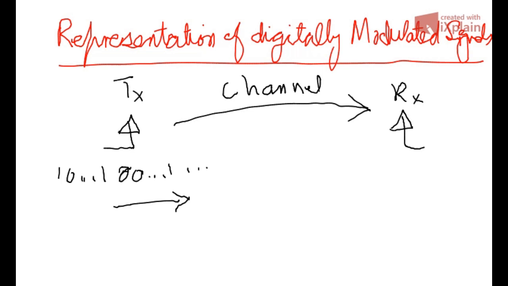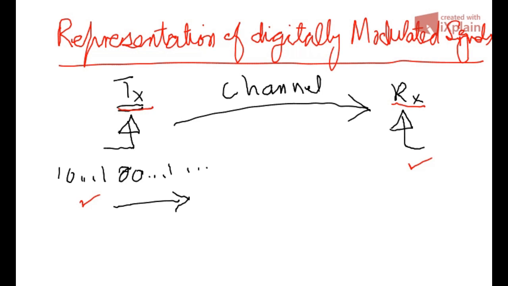Our signal passes through the channel, and the purpose of the transmitter is to transmit this sequence successfully to the receiver.